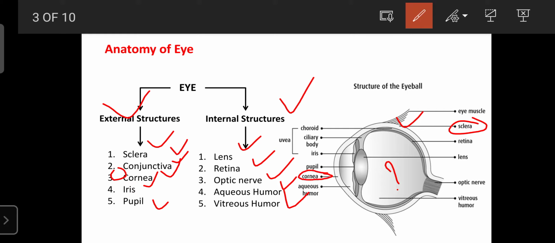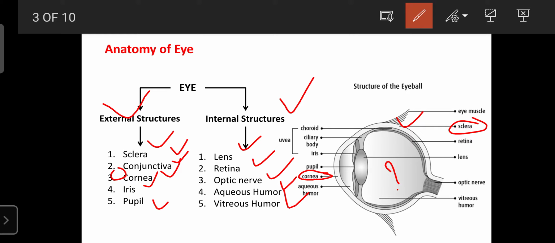Its major function is to refract the light rays that are ready to enter into the eye. That is one of the roles of the cornea.